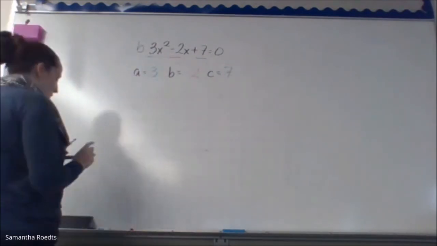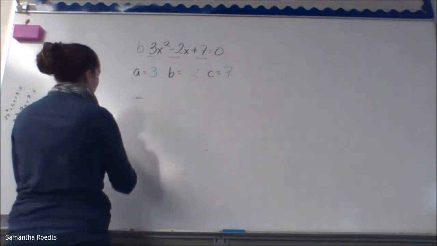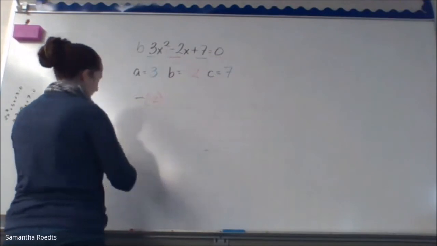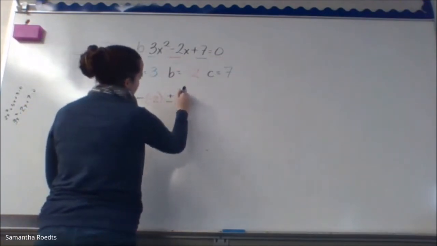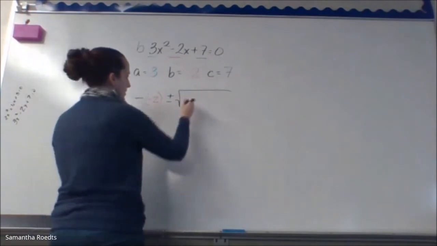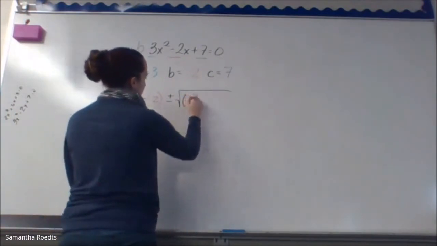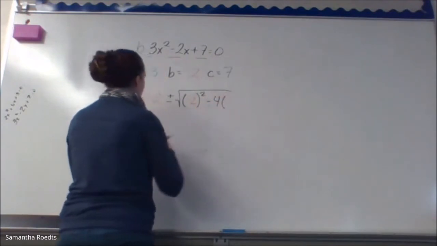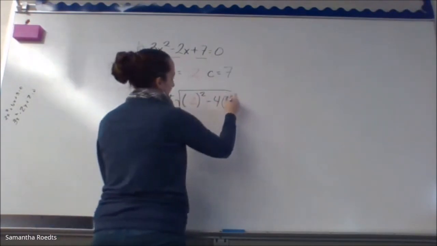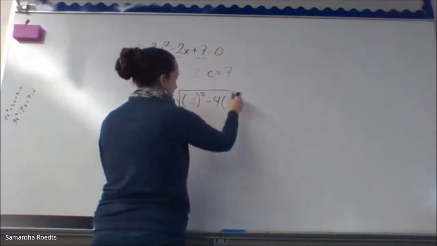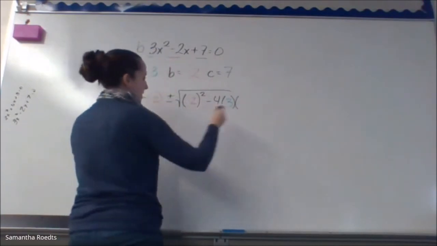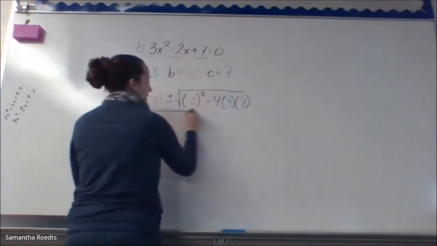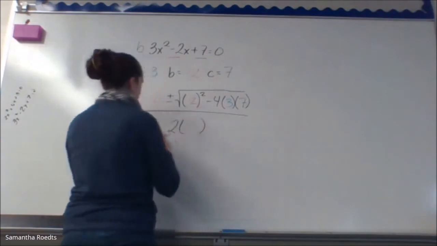So when I write this, I have negative B, which is negative 2, plus or minus the square root, B squared, so negative 2 squared, minus 4AC, then all over 2A.